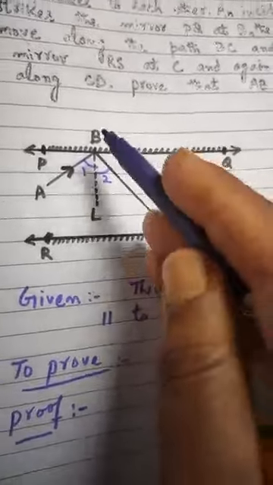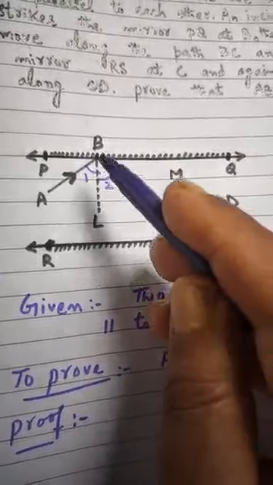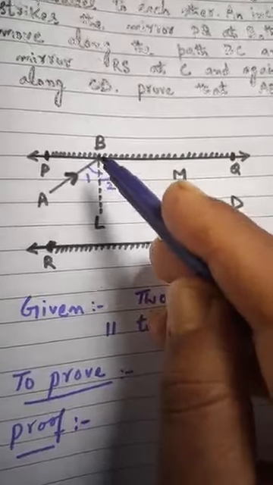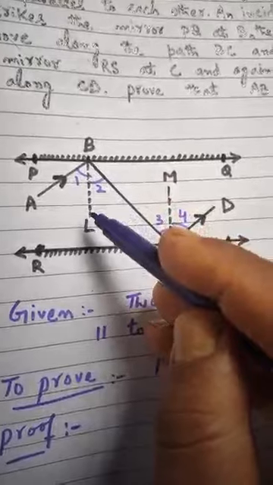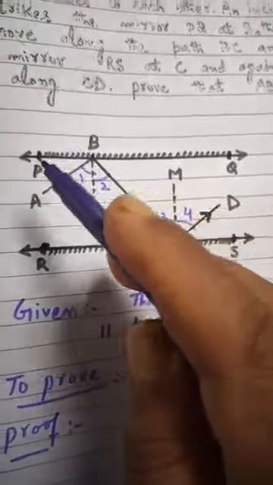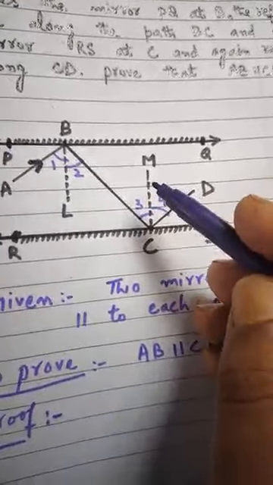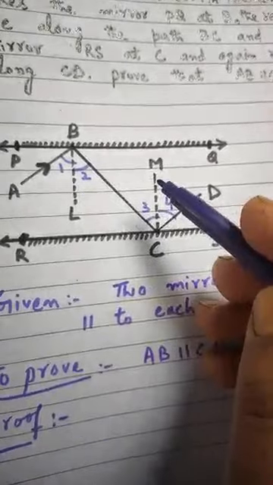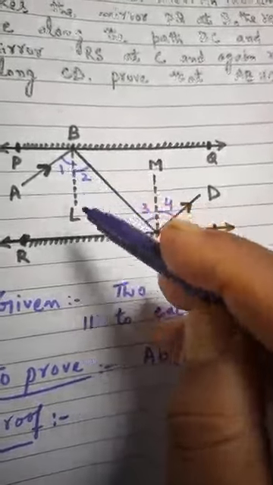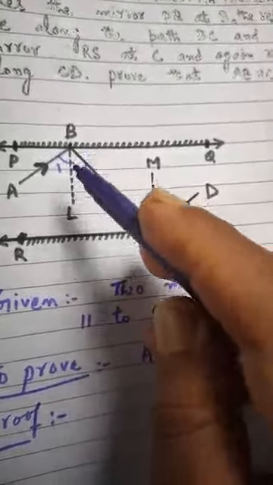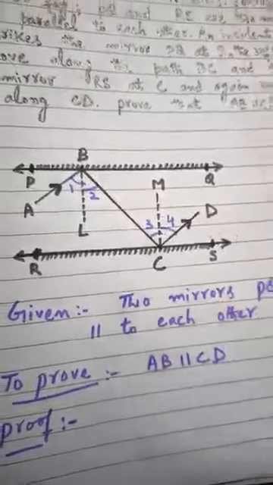CM is normal. BL is normal. Normal always makes a right angle, always is perpendicular to the mirror, the base of the mirror. So BL and CM are perpendiculars.